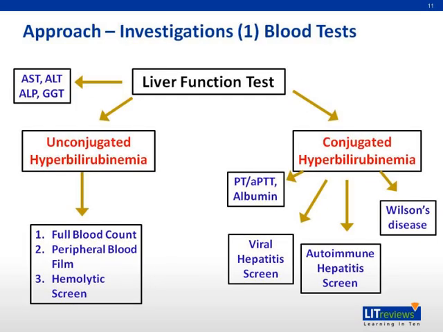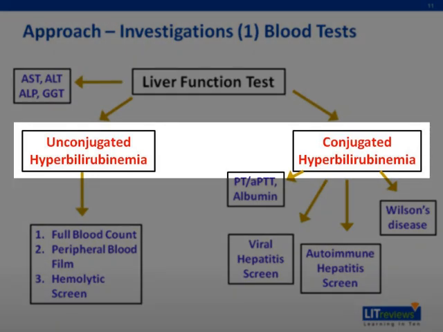After a systematic history and physical exam, appropriate blood tests can help to verify our differentials. Beginning with the liver function test, we can determine if there is any hepatocellular injury, demonstrated by a rise in the ALT and AST, or biliary duct disease, as seen by a rise in ALP-GGT. More importantly, the bilirubin composition will direct us towards investigations for unconjugated or conjugated hyperbilirubinemia.